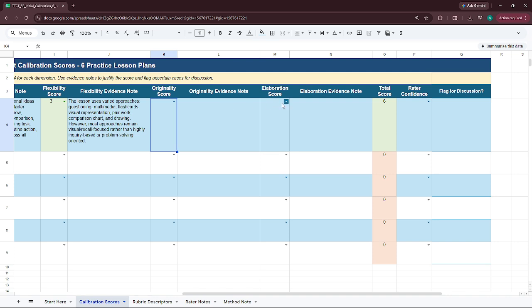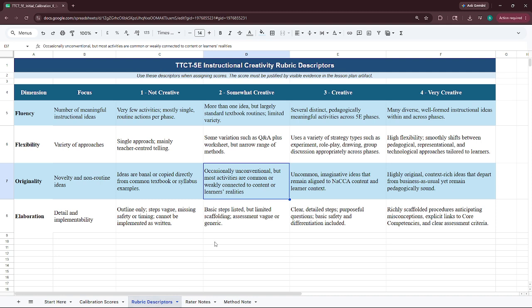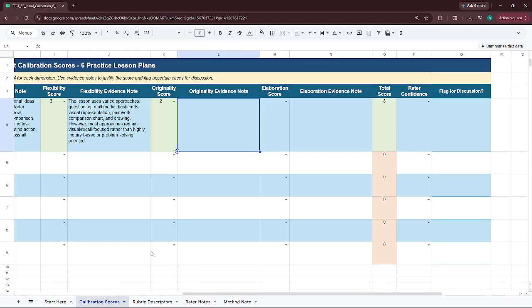So originality, I would check two. And my reason is that, apart from the first one, which the teacher occasionally mentioned, we check occasional or unconventional ideas, but it wasn't consistent. If it becomes consistent, then we consider it to be either creative or very creative, right?